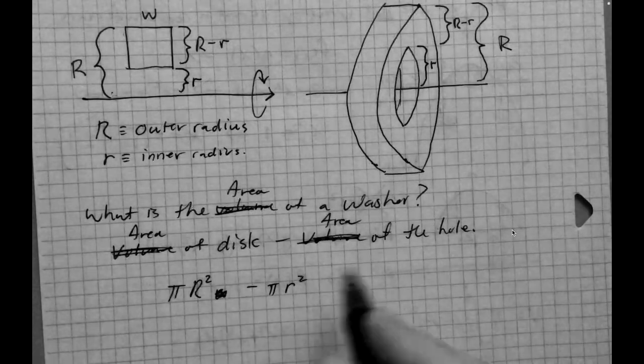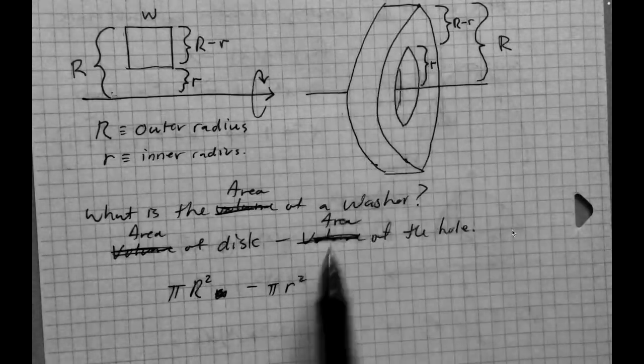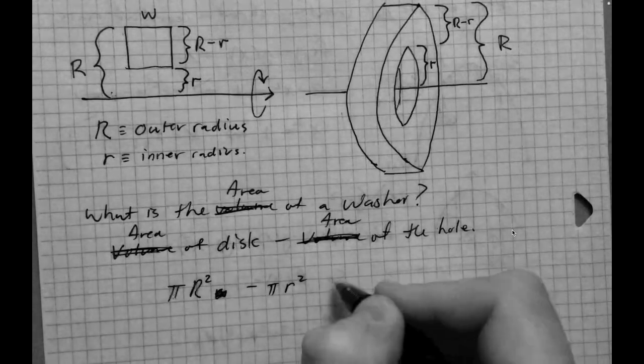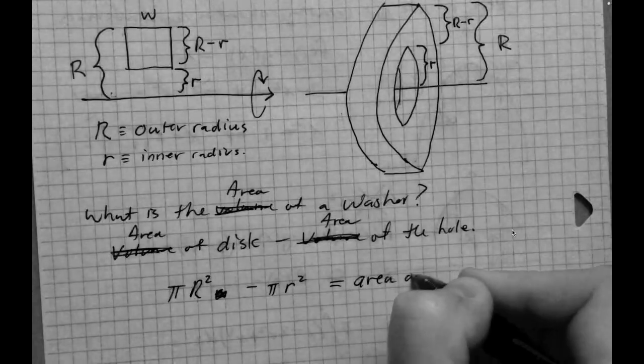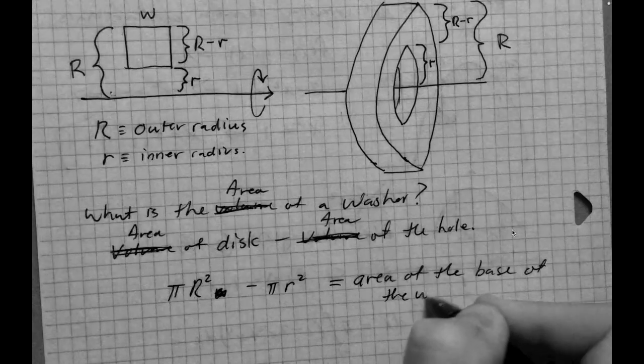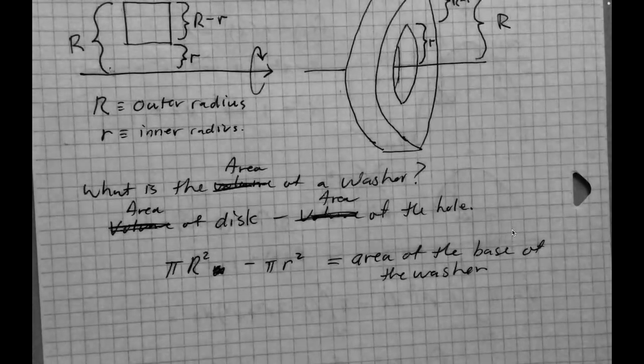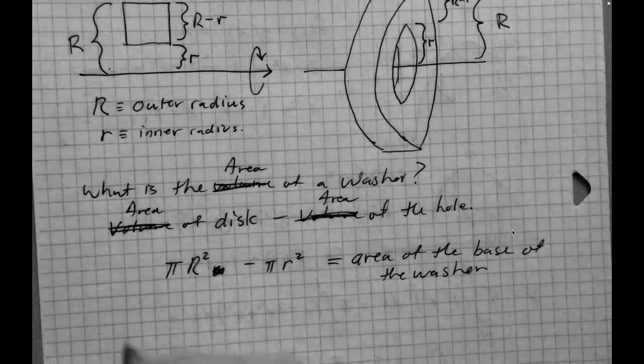This gets you the area of the base of the washer. And then if you multiply that whole thing by W, you would get the volume.